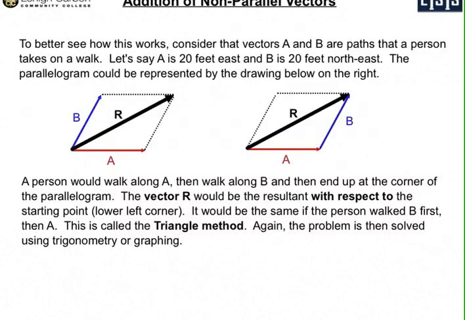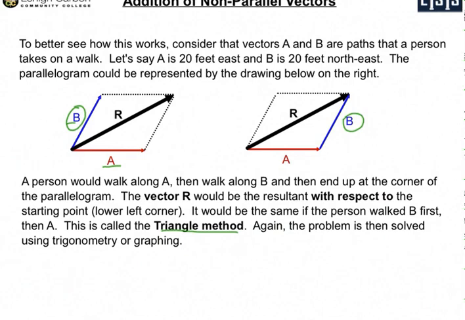In a similar fashion, an extension of the parallelogram method is the triangle method, where again you have this A and B quantity, and as we said before, we draw this parallelogram. But that's essentially the same as taking this B and putting it on the other side of the parallelogram.